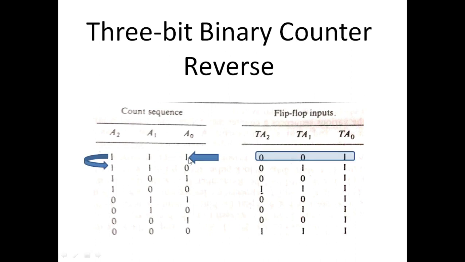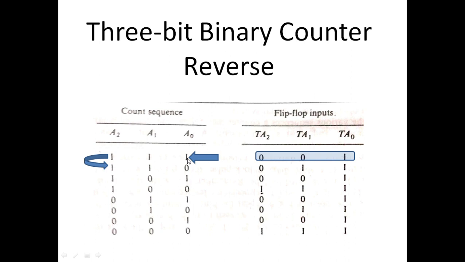Let's suppose this is the current state of the 3 T flip-flops and we want to come to this one. That is, the 3 flip-flops show the digit 7, and we want to move to the next state, and it should show digit 6, and then 5, then 4, then 3, then 2, then 1, then 0, and then it should start again.